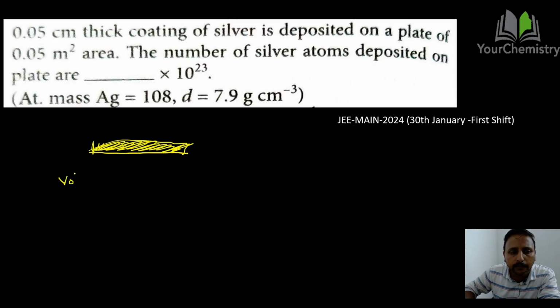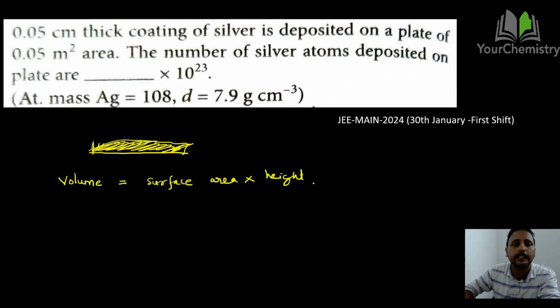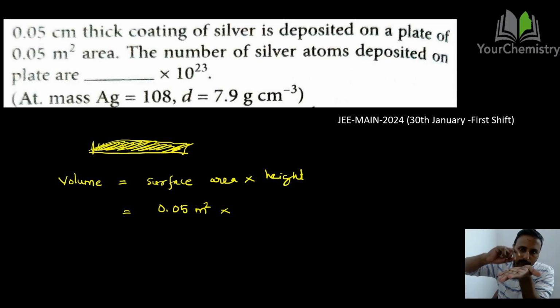So we can easily find the volume of the silver plated, because the simple formula for volume is surface area into height. Here the surface area is that of the plate, which is given as 0.05 meter square. The height means the thickness to which I have plated, so this is the height h, or thickness.